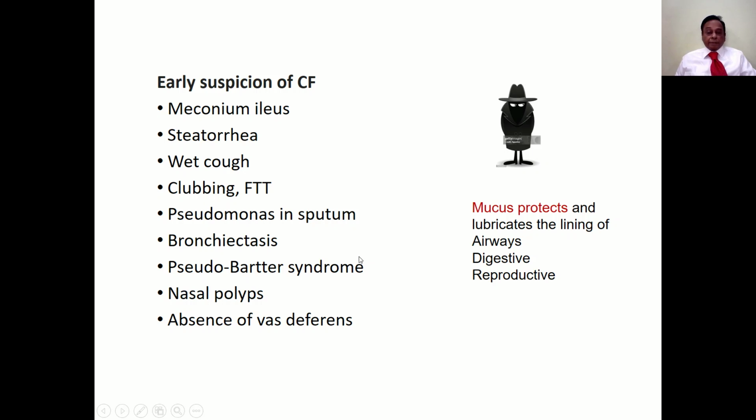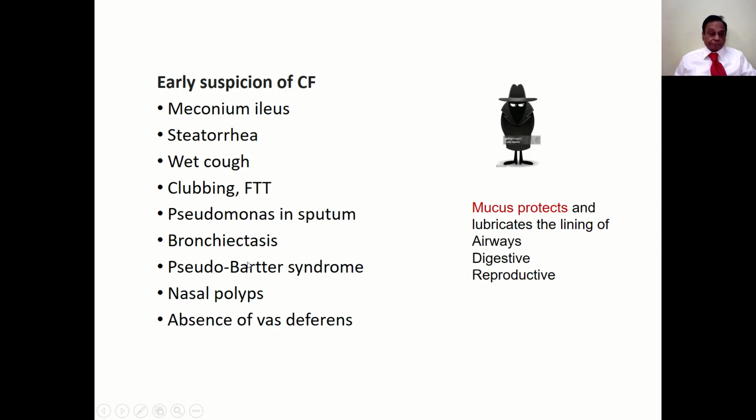I already said for cystic fibrosis, the clinical presentation is very, very important. So any child in the newborn period presenting with meconium ileus, or distal bowel obstruction, or neonatal jaundice, or a child having a wet cough from the beginning, not growing well, or a child who started developing repeated respiratory infections and clubbing, or accidentally Pseudomonas is found in the sputum, or bronchitis, or sometimes pseudo-Bartter syndrome.